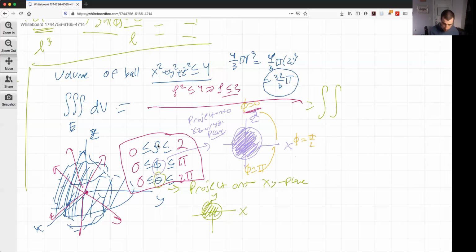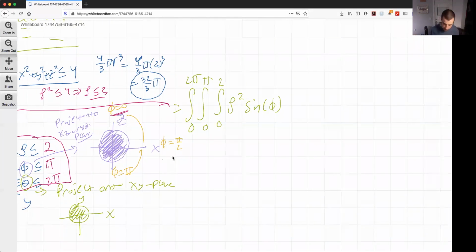And this now becomes the triple integral from 0 to 2, 0 to pi, 0 to 2 pi, of rho squared sine phi. We always need to add this in there. Rho squared sine phi. And then I'll go d rho, d theta, d phi. Usually this is the order we go in. It doesn't really matter unless one of these is dependent on the other, then it does matter. Usually you go rho, then theta, then phi.